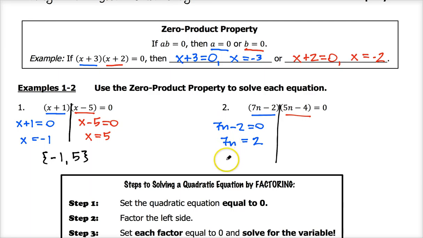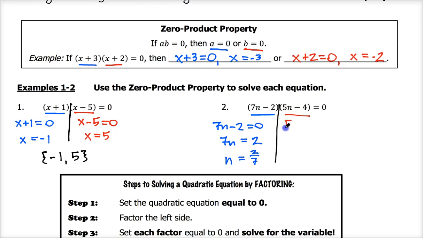And then if I divide both sides by 7, n in this case would have to be 2/7. Over here, if 5n minus 4 is equal to 0, then adding 4 to both sides tells me 5n is equal to positive 4. Dividing by 5, I see n is 4/5. So I get two possibilities for n in this equation, 2/7 and 4/5.